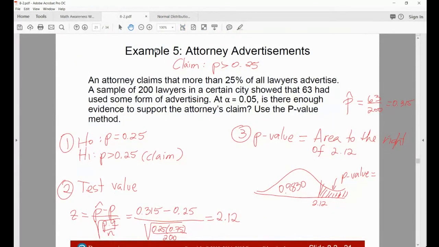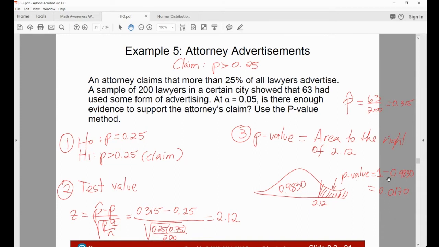This is this area. So what will be the area to the right of 2.12? It will be 1 minus the area to the left, 0.9830. And this is equal to 0.0170.